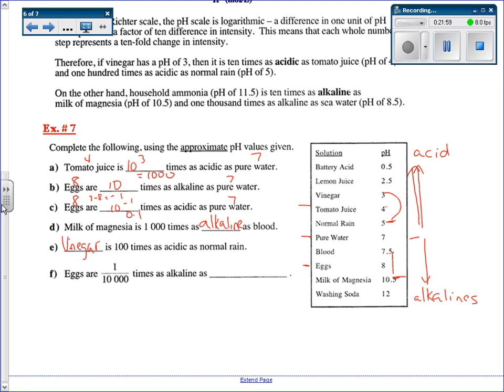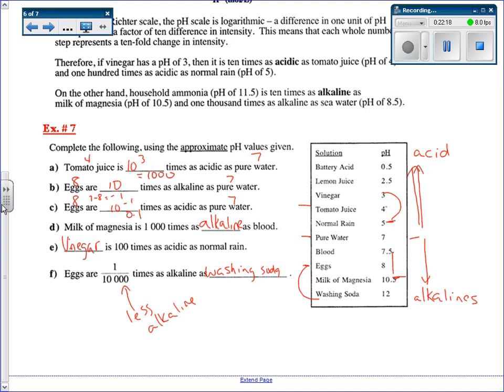Eggs are 1 over 10,000 times as alkaline as, so eggs, so that would be washing soda. If you have the decimal, that means it's less alkaline, as opposed to more alkaline.